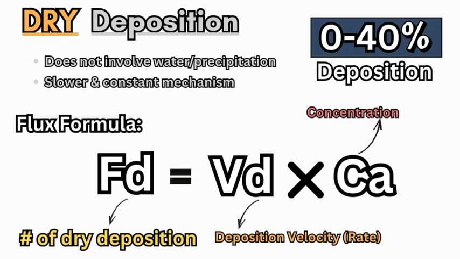So the velocity and speed times concentration would equal the amount of dry deposition on a particular area, which is measured in grams per meter cubed.